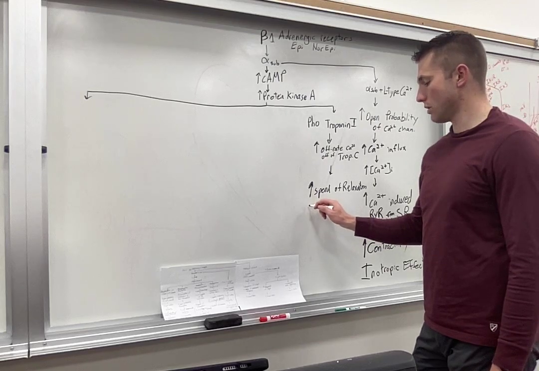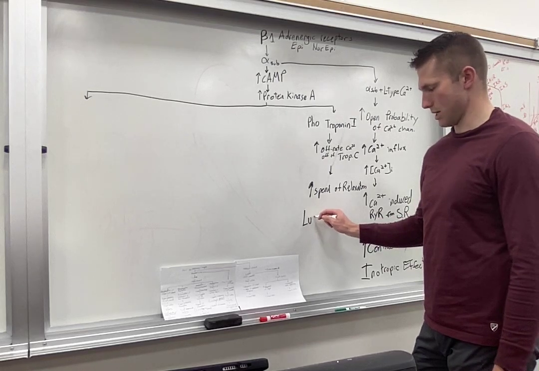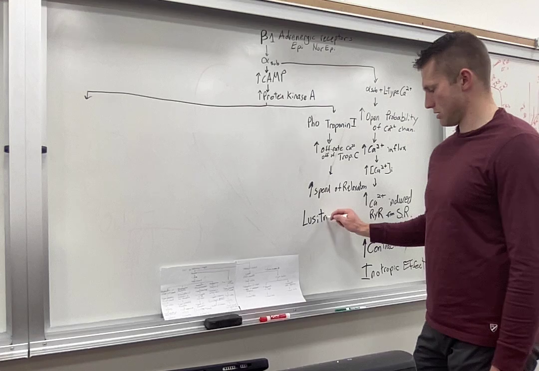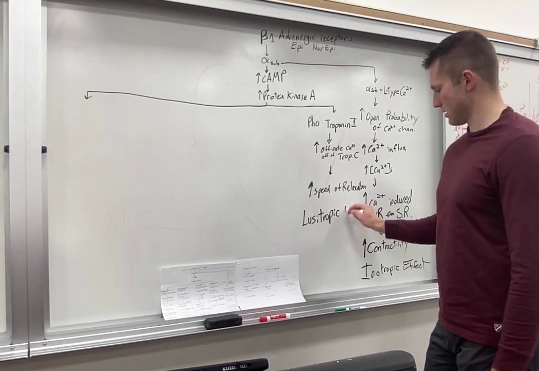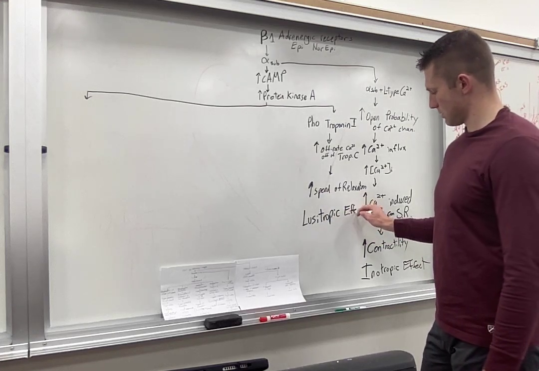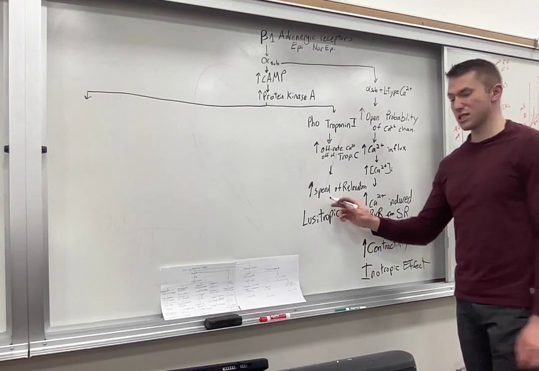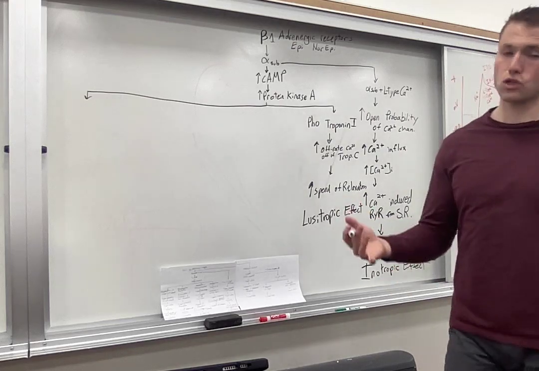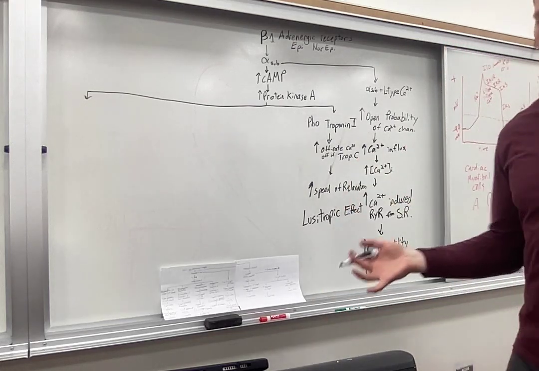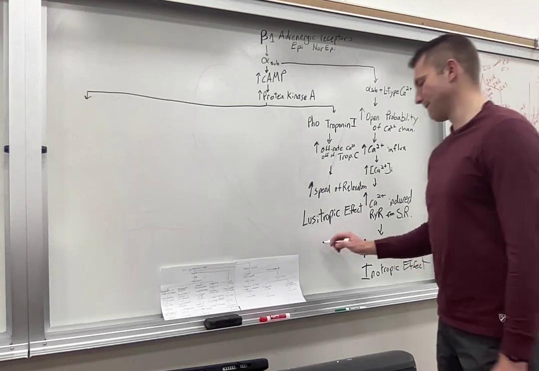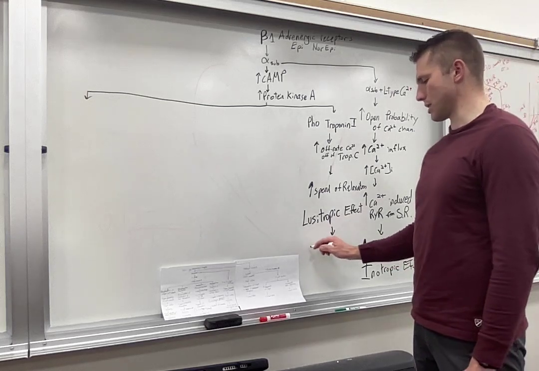So we're calling this the lusitropic effect. This whole speed of relaxation. A lusitropic effect means it's able to relax faster. What does that do to the duration of contraction?